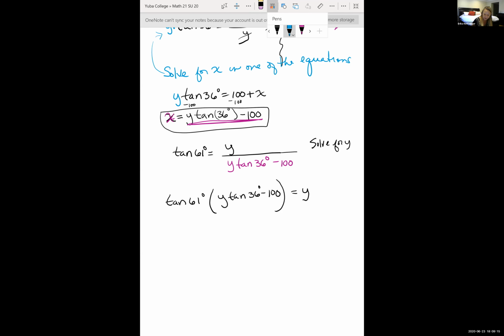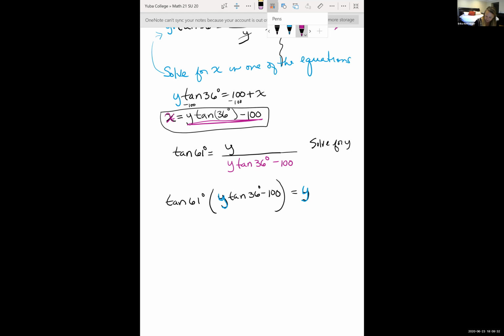So we're trying to solve for Y. We want to get Y by itself. I notice I have technically two terms in here with Y. Let me distribute my tangent of 61 degrees to both of those terms inside the parentheses.